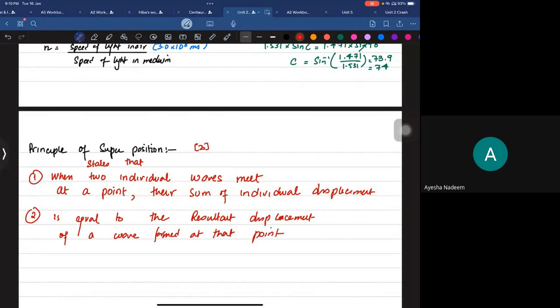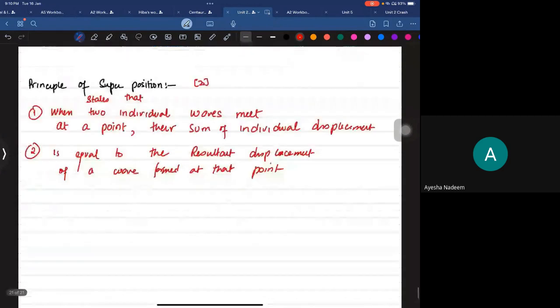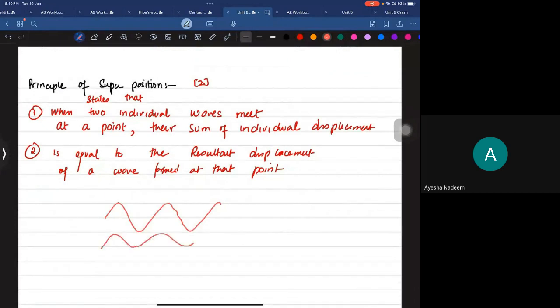Now, what it means is, suppose that there is a wave like this, and there's another wave that's also like this. One wave has an amplitude 2a, and the other wave has an amplitude of just a.